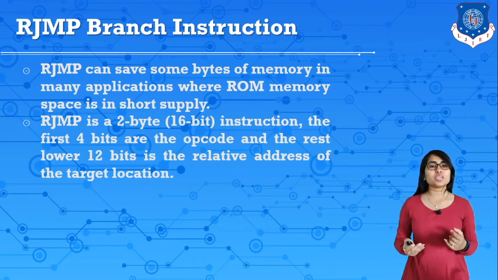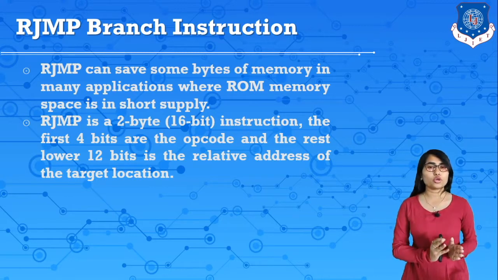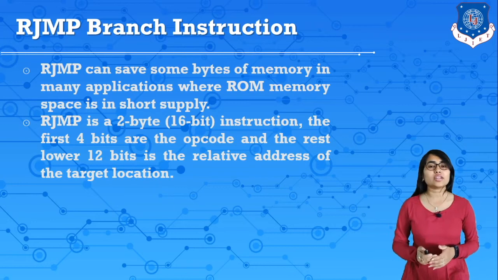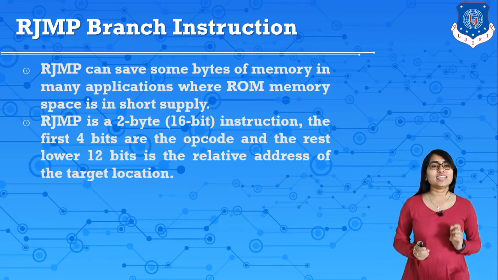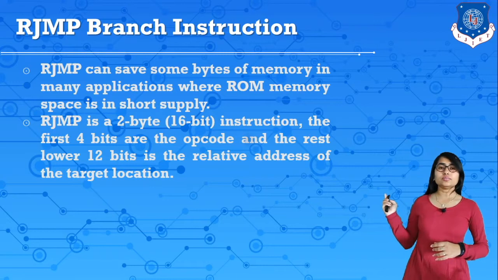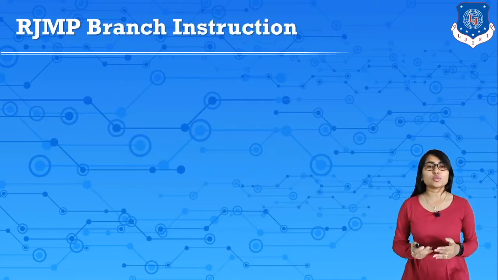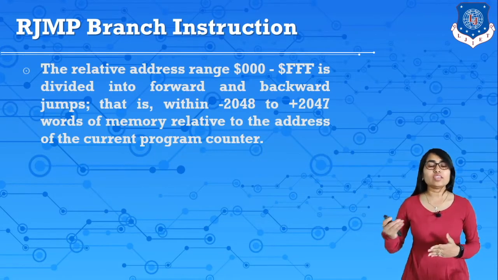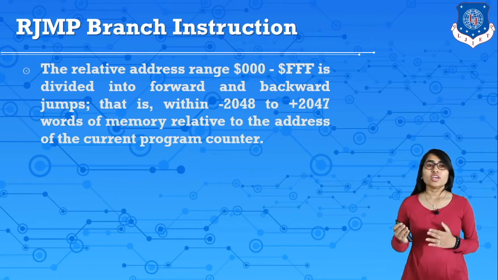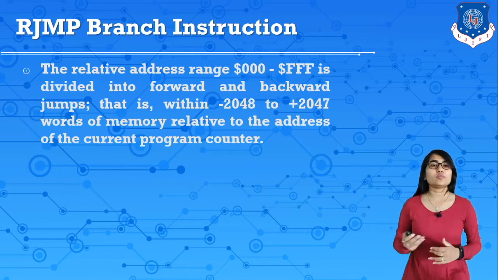This relative address range, from 000 to FFF, is divided into forward and backward jumps, that is within -2048 to +2047 words relative to the address of the current program counter.